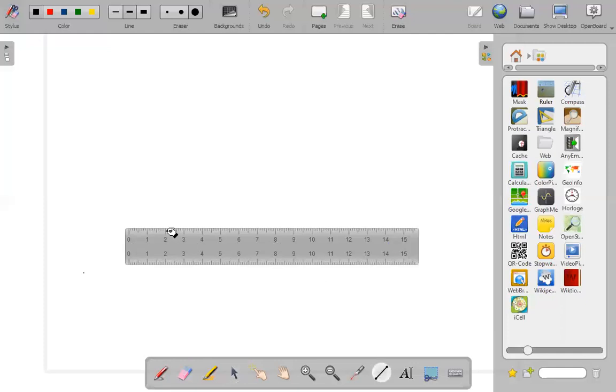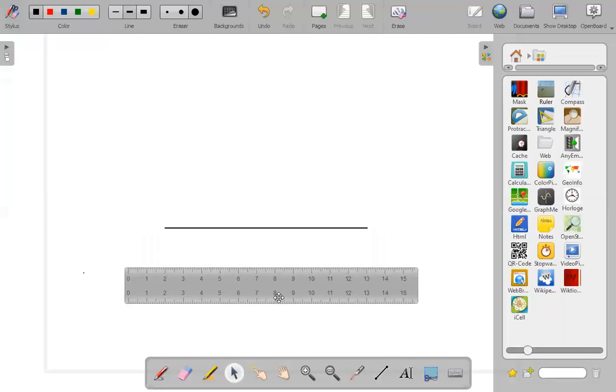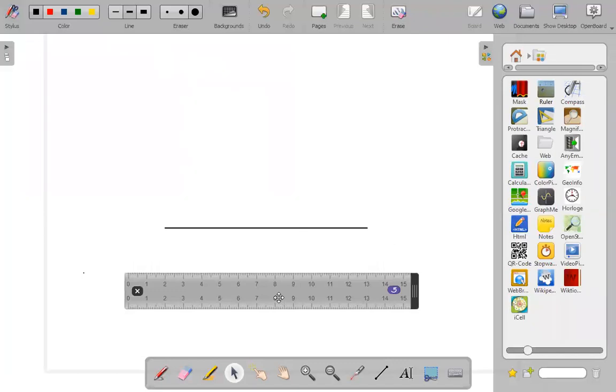With your pencil, draw a line of any given length. So my line is starting from mark 2 to 13. We're not interested in the length of the line. Just draw a line and label the line MN.